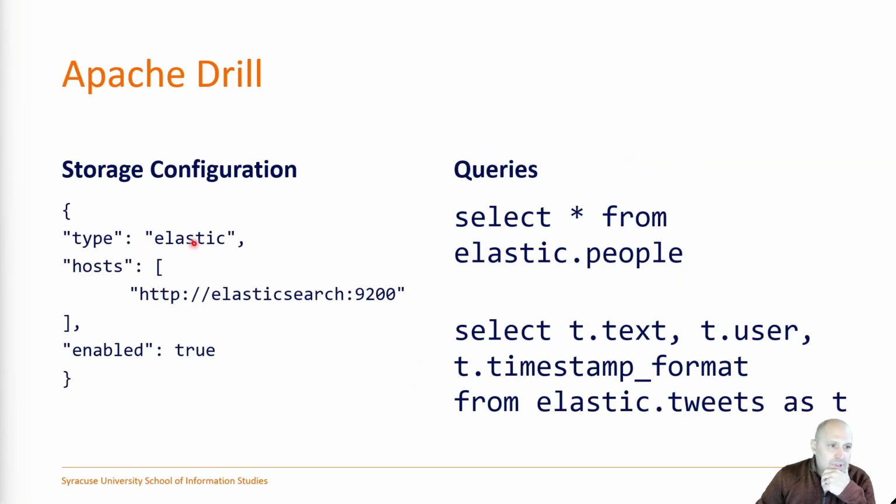So yeah, you configure Elastic in drill, and then you can say select star from elastic.people, and then you're cooking. Or you can just get elastic.tweets. Now there is one issue in the version of drill we have right now, version 1.19, where it takes a while to read an index.